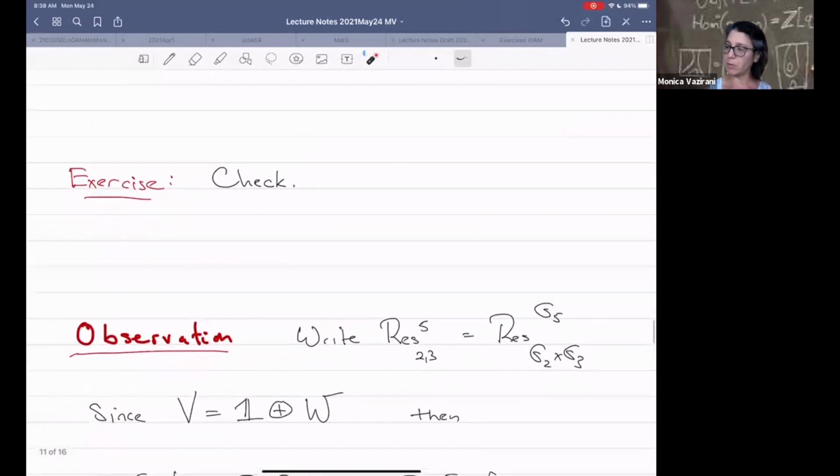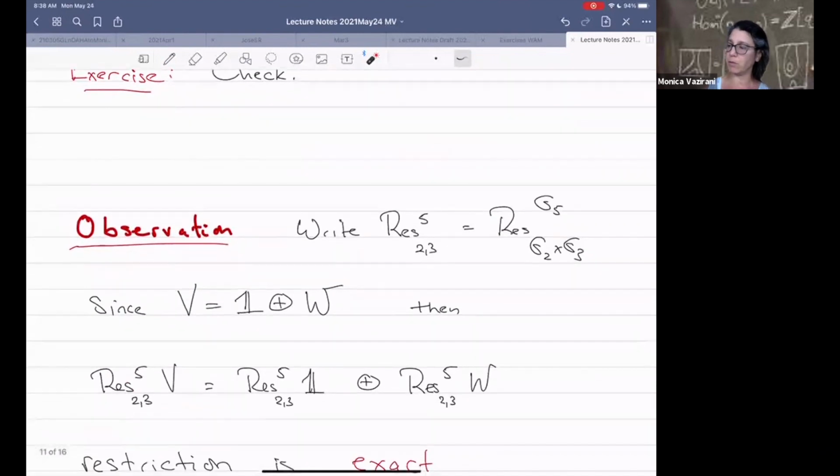All right. And an observation to make with respect to restriction. As a shorthand, since I'm always restricting to these parabolic subgroups, and it gets annoying to write the S's, I might just write the 5 and I might put my composition beta here. So I might call it restriction from 5 to 2, 3.